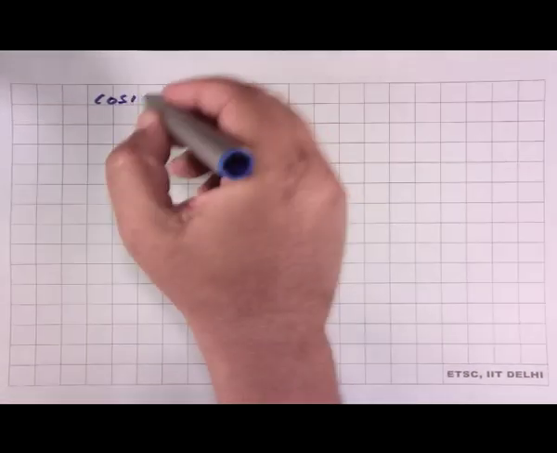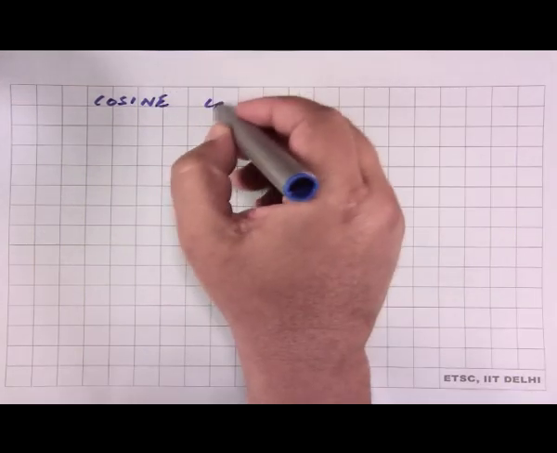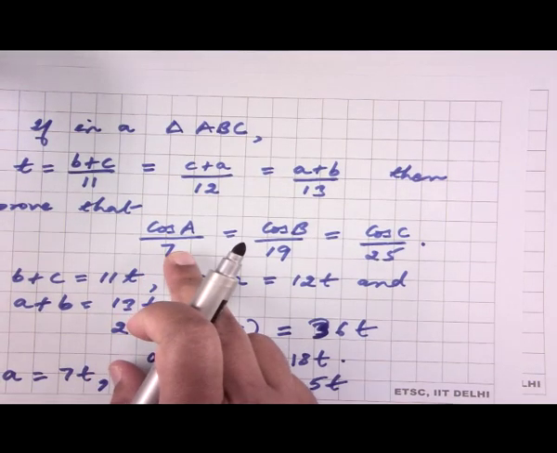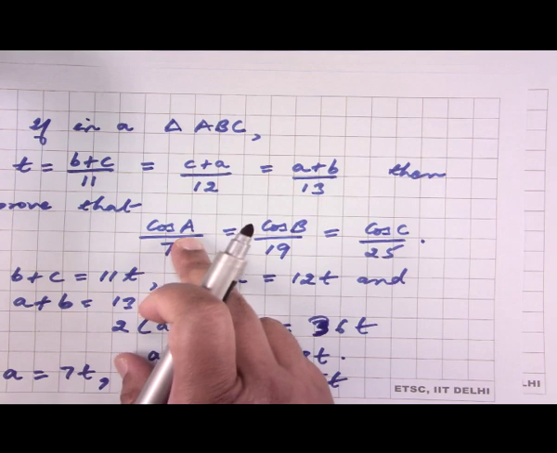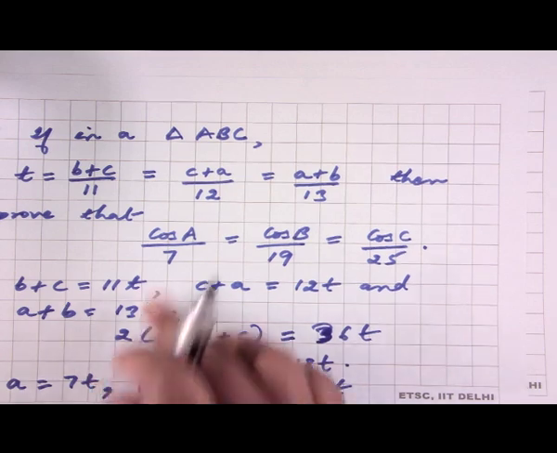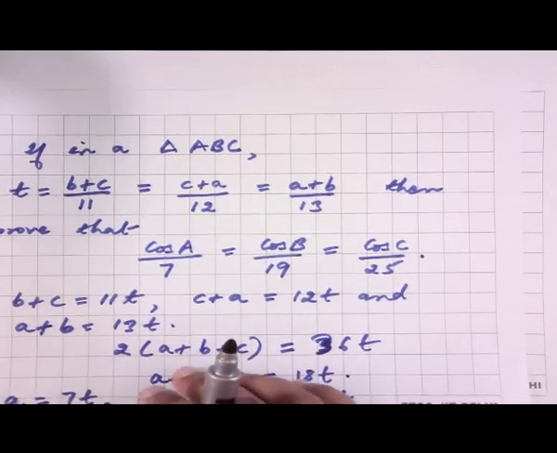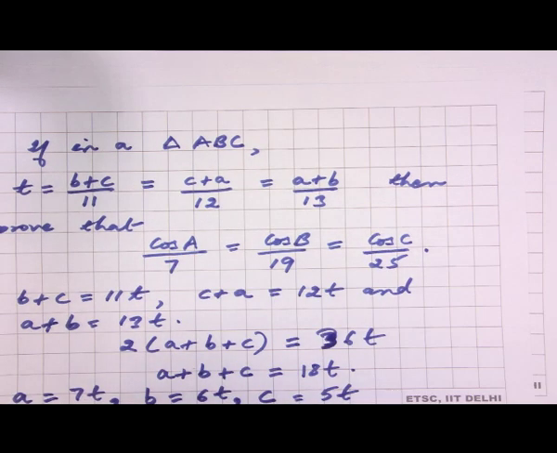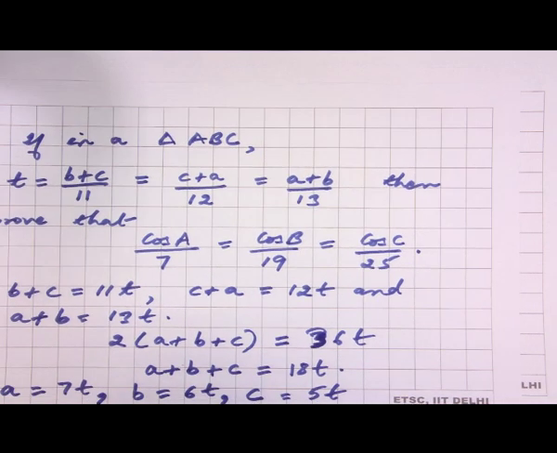Now, using the cosine law, because we have been asked to find the ratio of the cosine of the 3 angles, we will use the cosine law, because the cosine law expresses the cosine of the angles of a triangle in terms of the lengths of the sides, and we already have the lengths of the sides known to us.